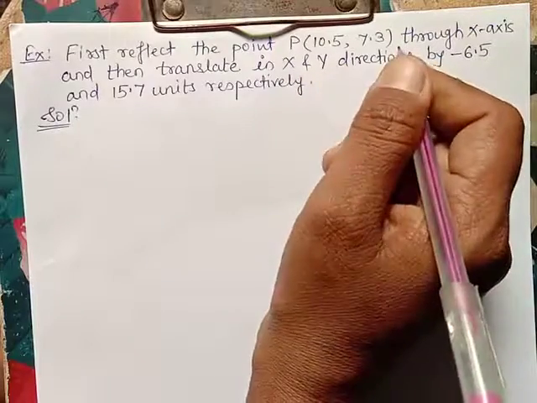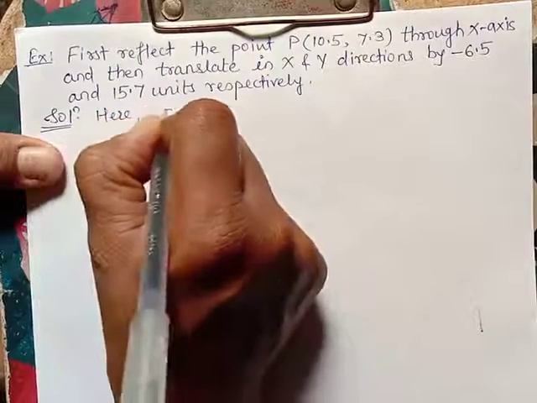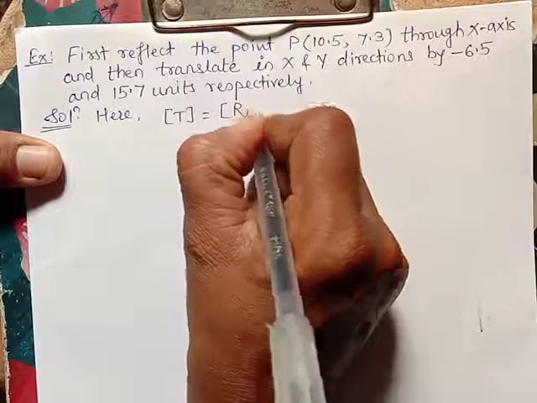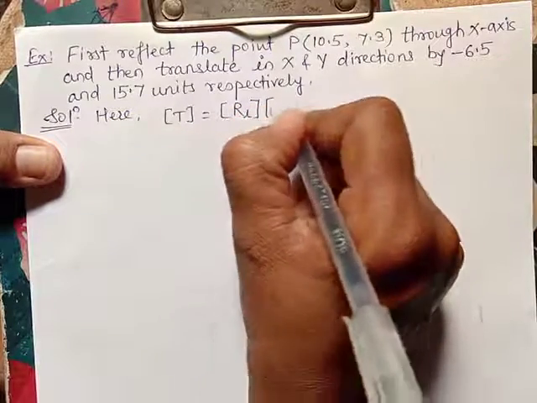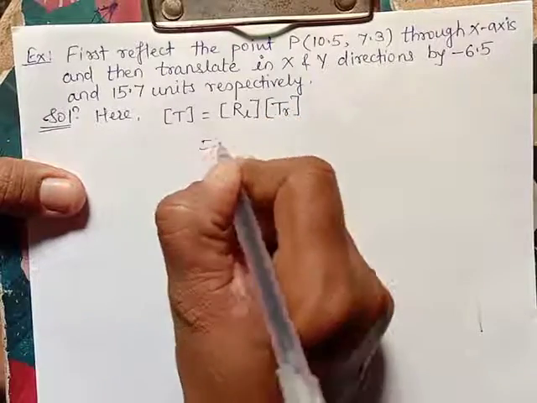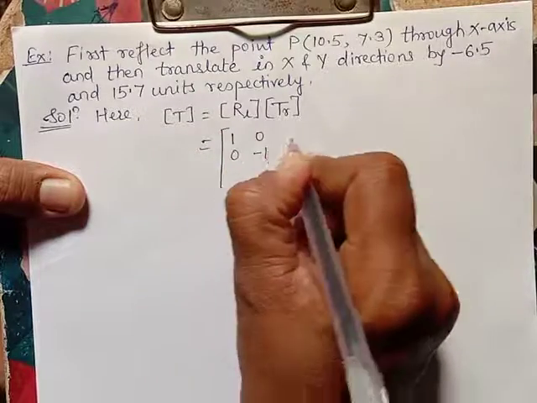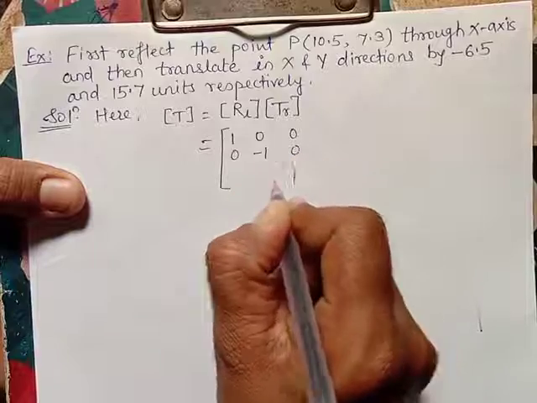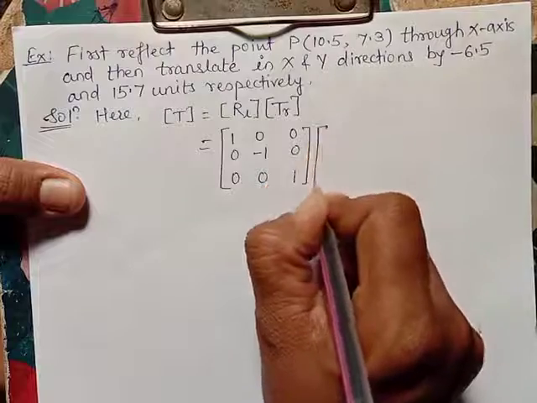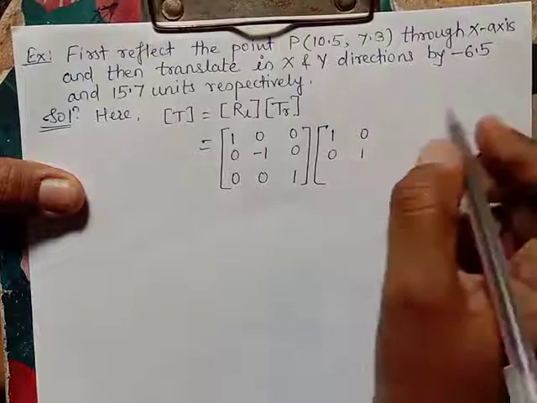So let's find out first of all the transformation matrix. Here T is what? First is for reflection. Let me denote it by RL, and translation. Okay, so reflection through x-axis. So the matrix will be 1, 0, 0, -1. So 0, 0, 1, 0, 0, 1. Okay, and translation is 1, 0, 0, 1 as it is.